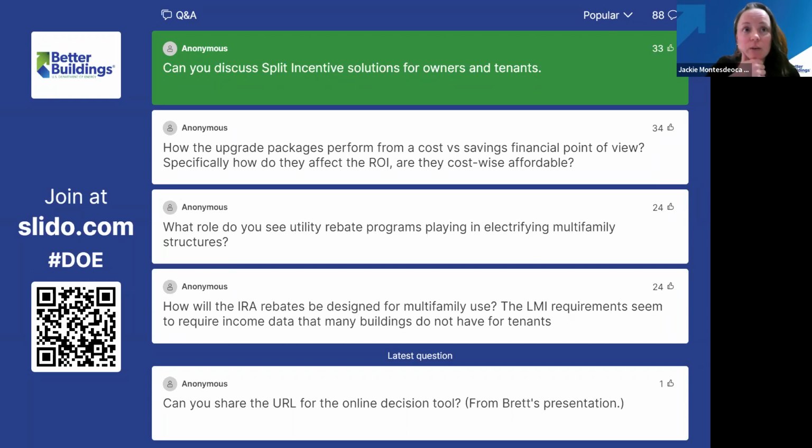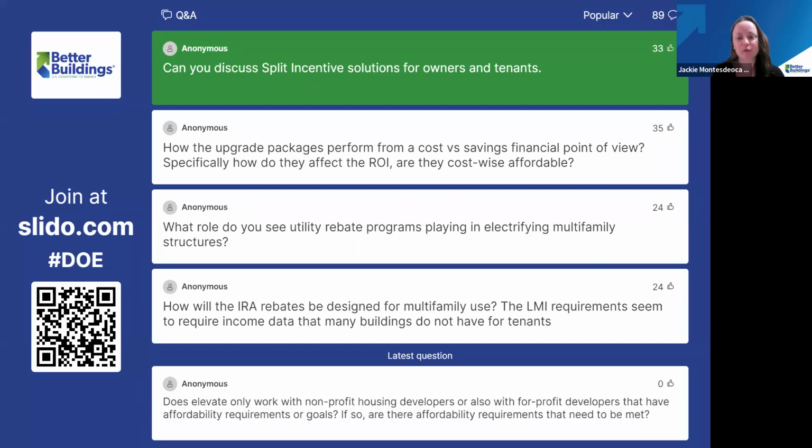Obviously with heat pumps, especially in centrally heated or cooled buildings, if you're putting in heat pumps, there's definitely a chance you're going to be putting that cost on tenants. That's great for an owner to see a big cost reduction, but that does not work for the preservation of affordable housing and energy burden, which I mentioned.